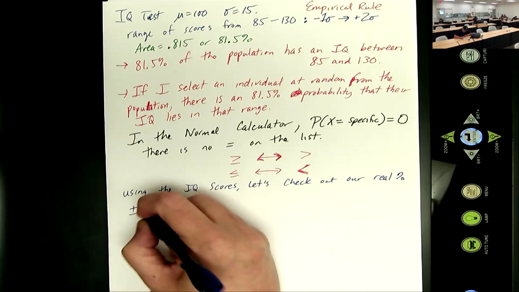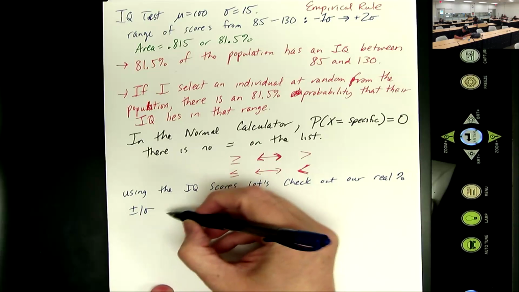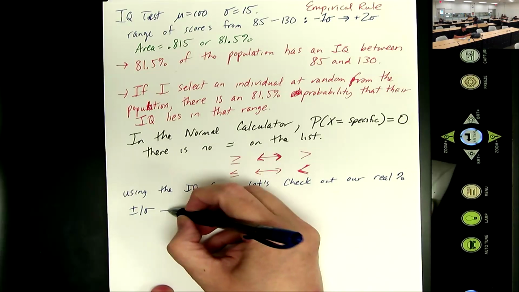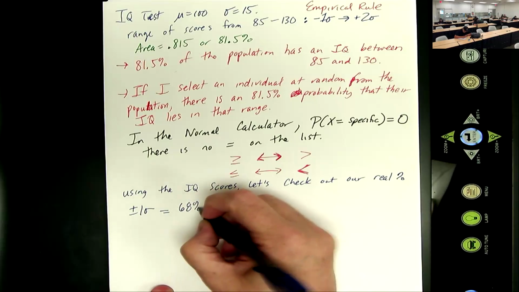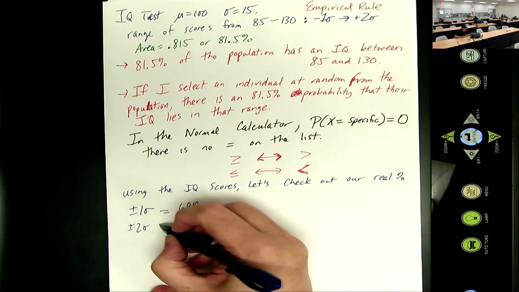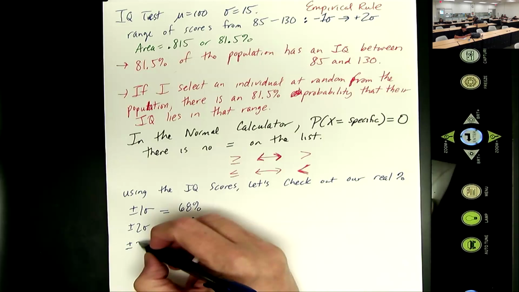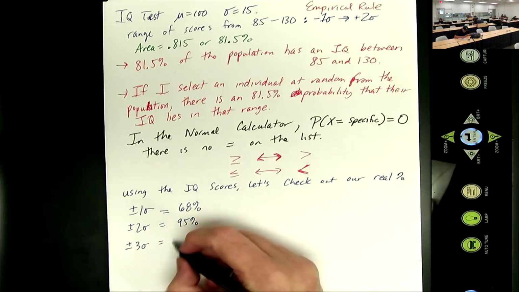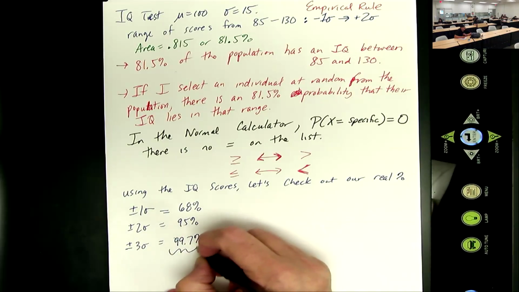We had plus or minus one deviation equaled 68%. Plus or minus two deviations was 95%. And plus or minus three deviations was 99.7%. That was the empirical rule.